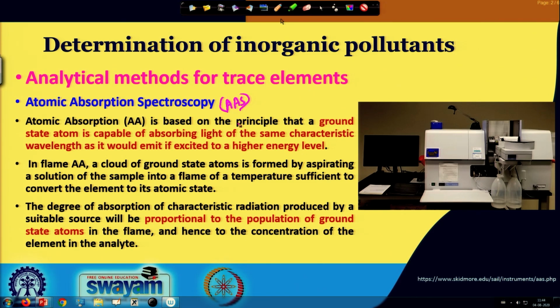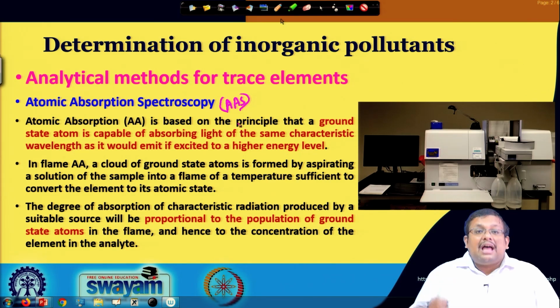Now, this atomic absorption or AA is based on the principle that a ground state atom is capable of absorbing light of the same characteristic wavelength as it would emit if excited to a higher energy level.